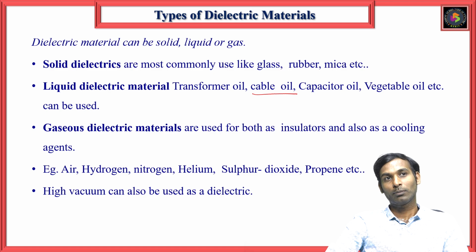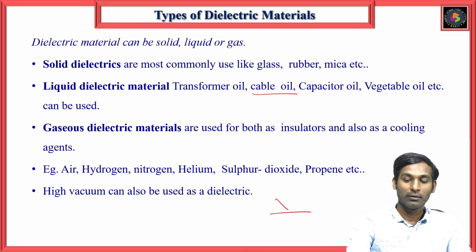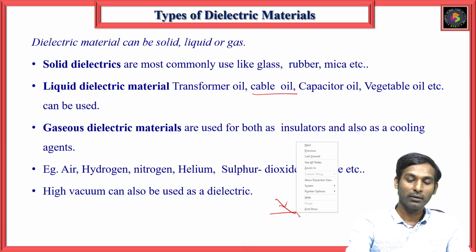Okay, for a simple example, when an electromagnetic wave is passing through the cable, some part of the ray is transmitted and some part of the ray is reflected. This is incident, this is reflected, remaining is transmitted.